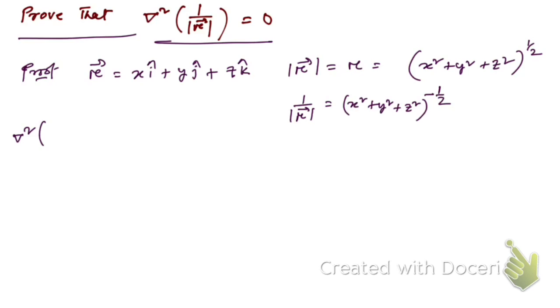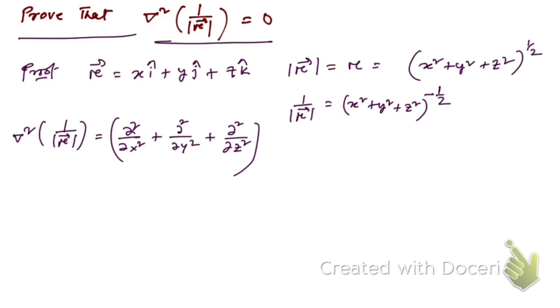Now, del square of 1 by mod of r vector means del 2 by del x2 plus del 2 by del y2 plus del 2 by del z2. This is the Laplace operator that operates on this function, 1 by mod of r vector.